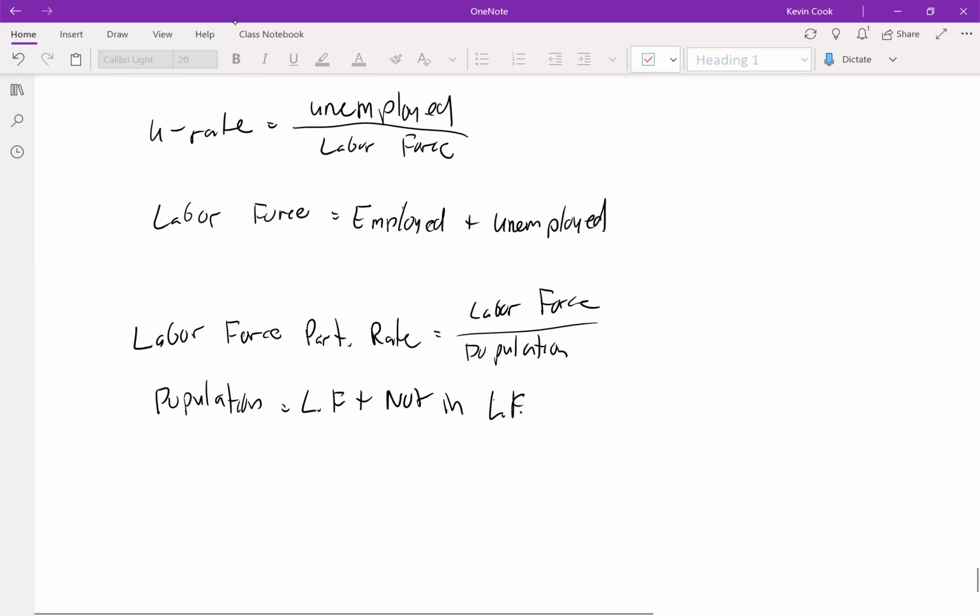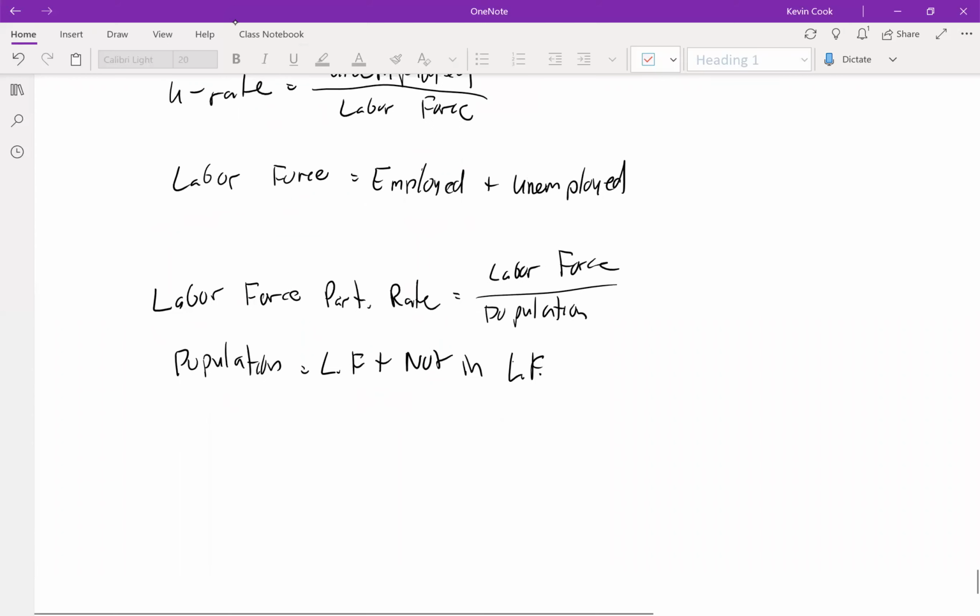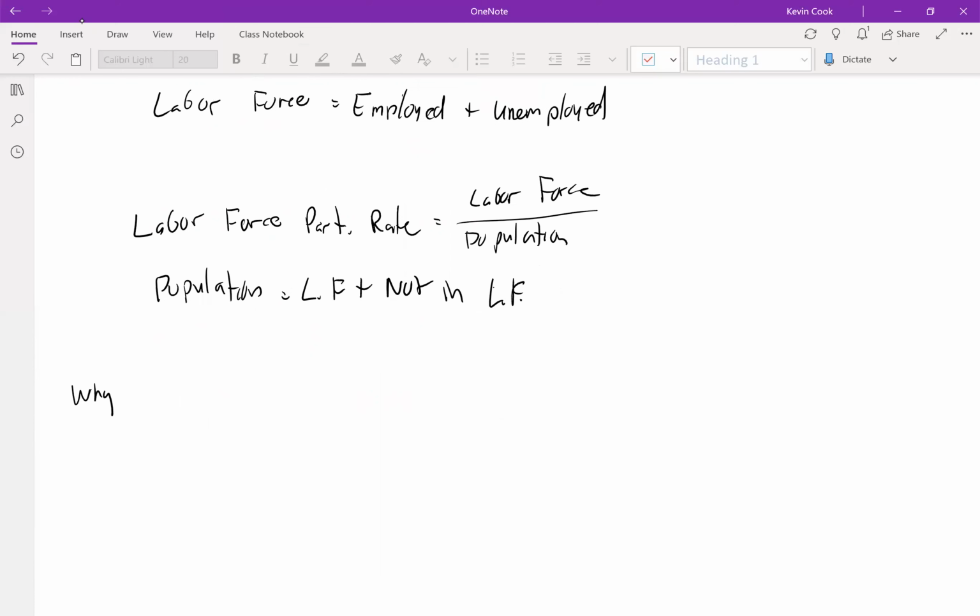So then we got into the second half of unemployment, which was looking at why there is unemployment. Why doesn't everybody just have a job, going out working and making money and so on? For this, we introduced two types of unemployment.